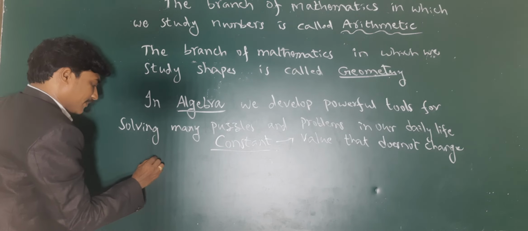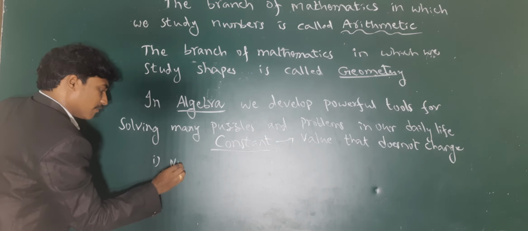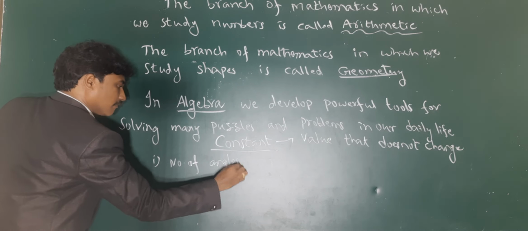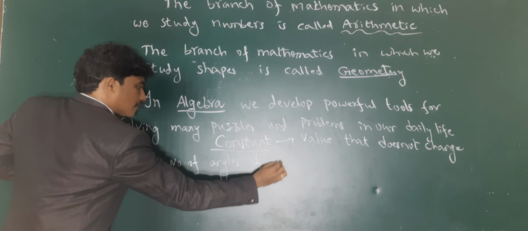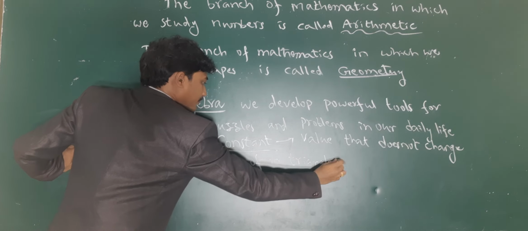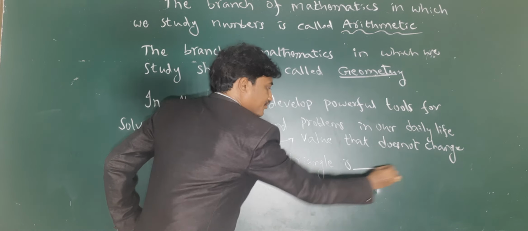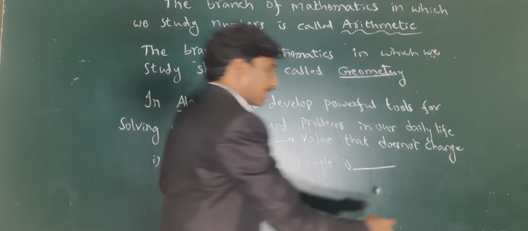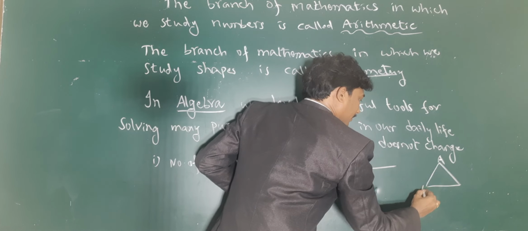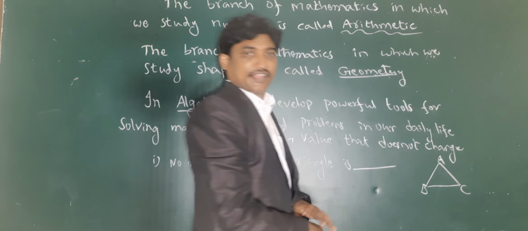Here, number of angles of a triangle. For a triangle, there will be only three angles.